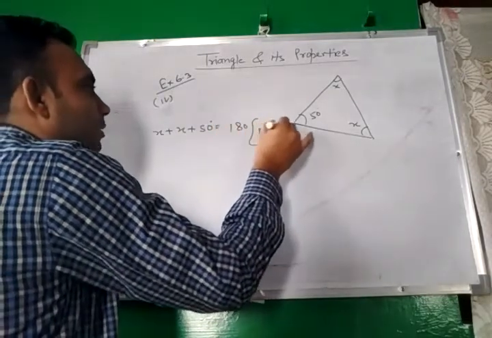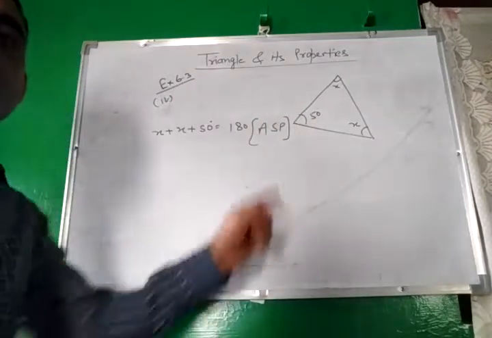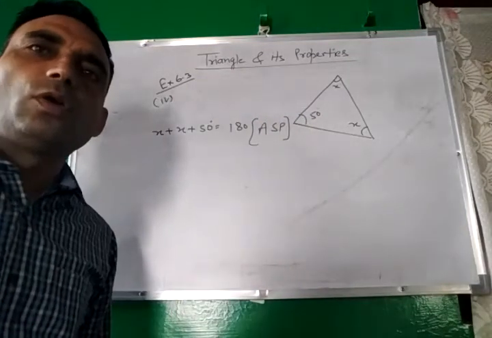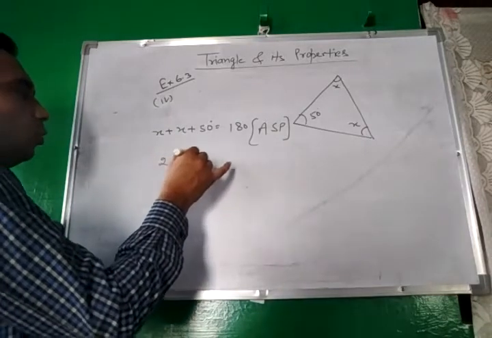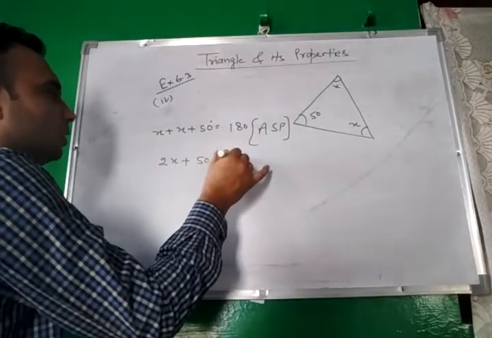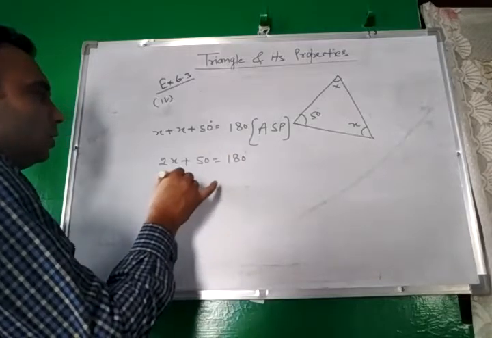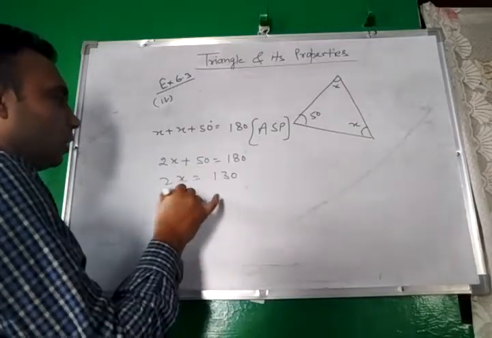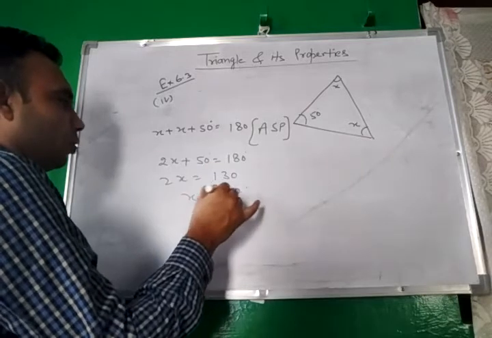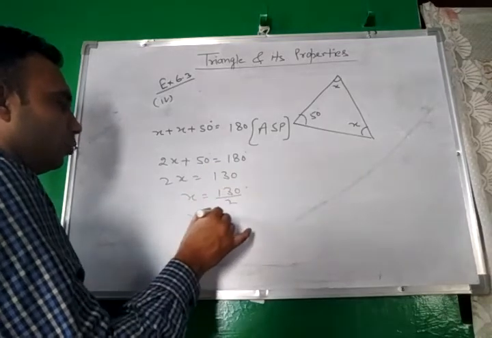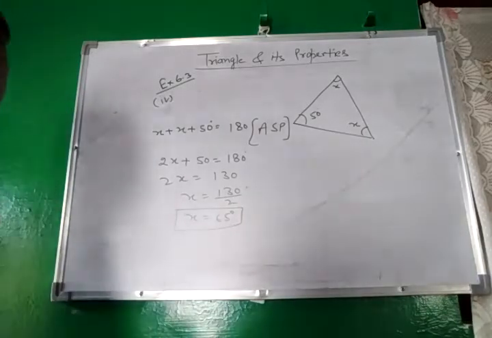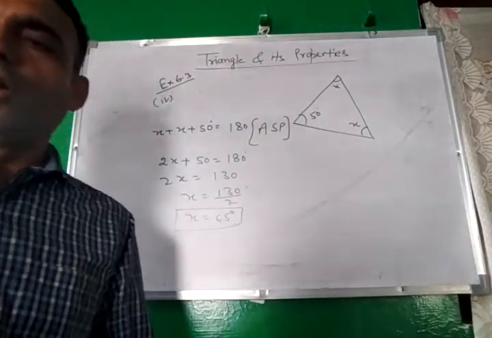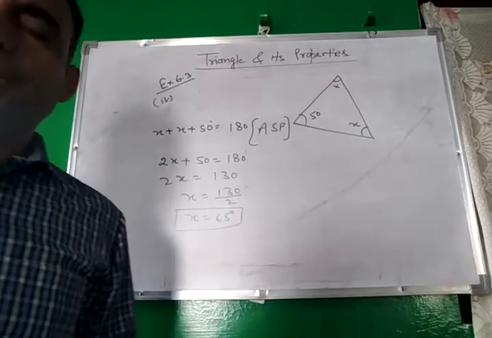Reason: angle sum property, ASP implies angle sum property of triangle. So x plus x is 2x, so 2x plus 50 is equal to 180. 2x is equal to 130, or x is equal to 130 upon 2, which implies 65 degrees. So what is the value of x? x is equal to 65 degrees.